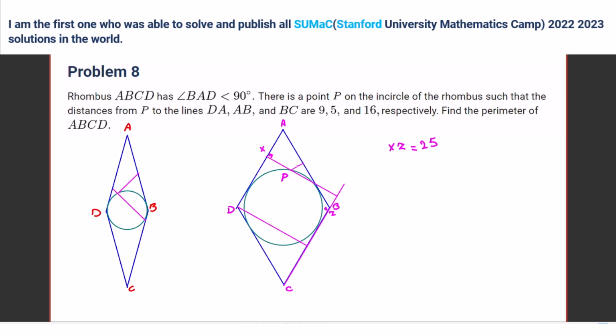Okay, PX, PZ, PY. Wait, how do we know Z is outside of the rhombus? It can be outside because it says the distance, right? Oh, yeah. Okay. Because if you want to consider inside, in this figure, it's not possible. Okay, so we know this height is 25, right? And we want to find this length.